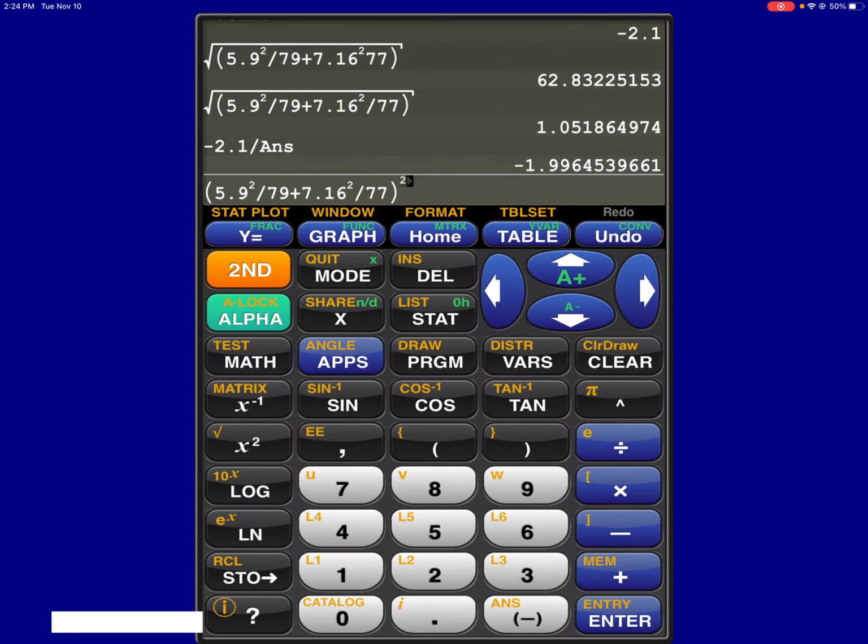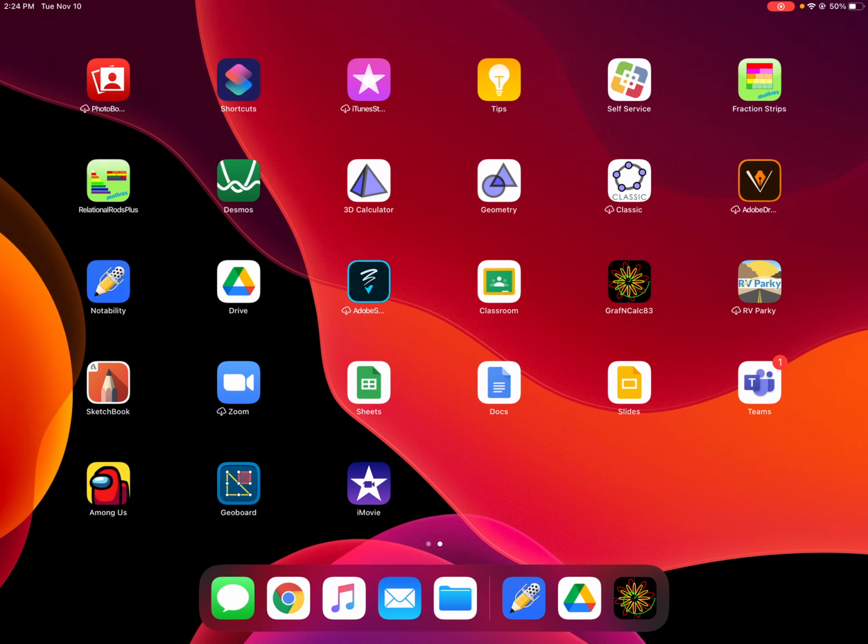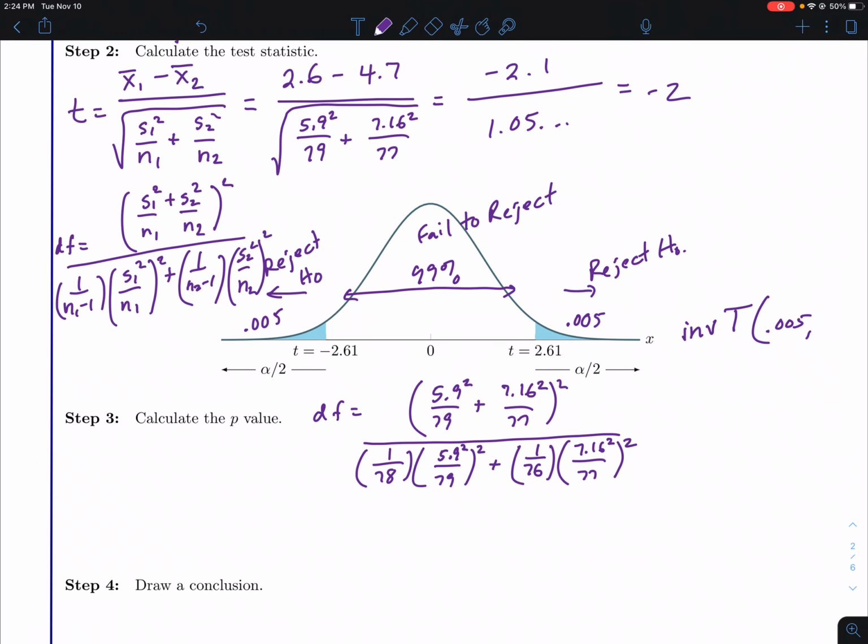Then we square the top, and then divide by one big step. I basically want to write it exactly how I wrote it on the document, with all these different parentheses.